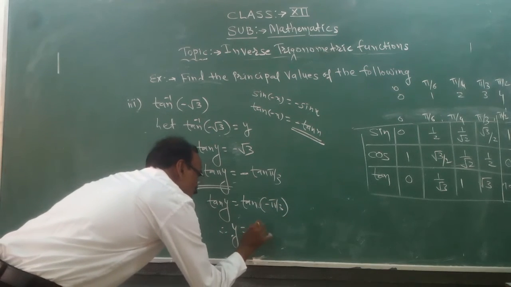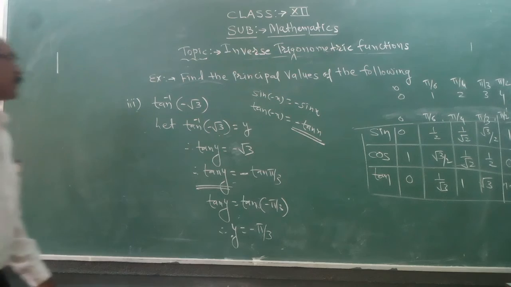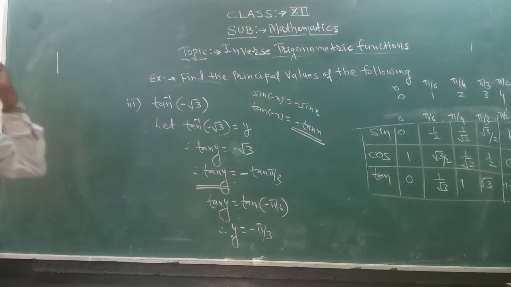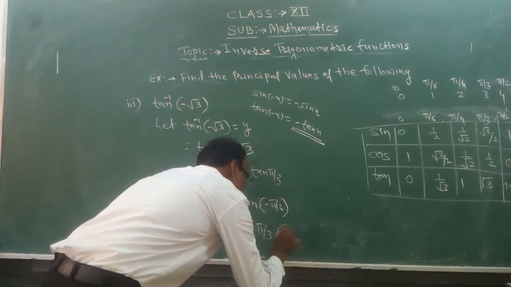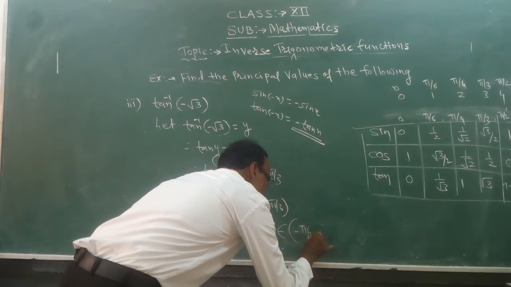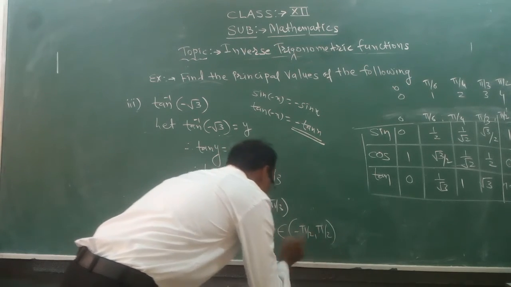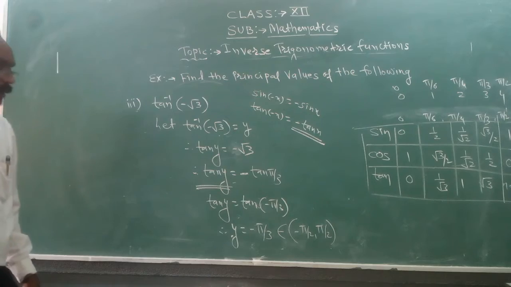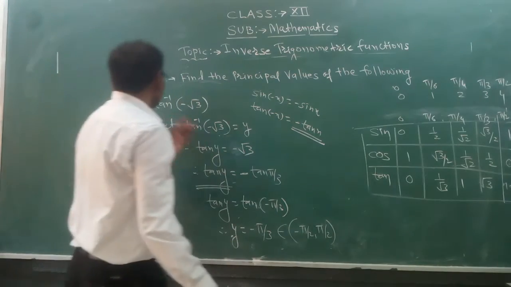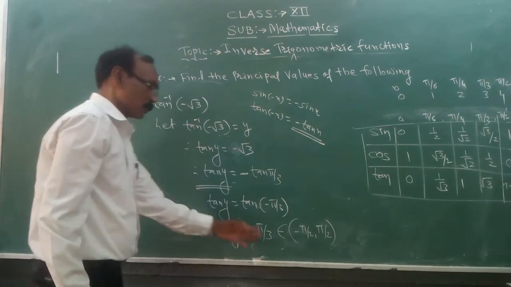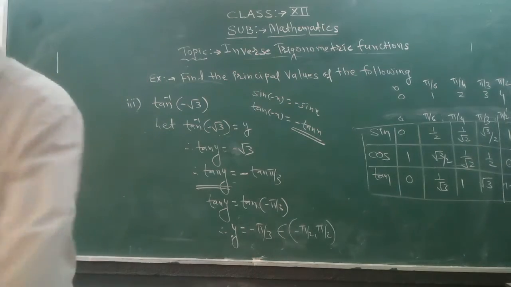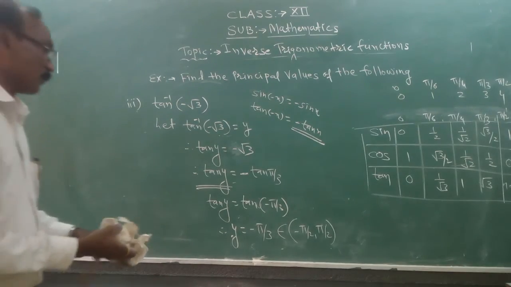Therefore y equals minus pi by 3. The principal value branch of this is the open interval minus pi by 2 to pi by 2, and negative pi by 3 falls in it. Therefore the answer of tan inverse minus root 3 is minus pi by 3, which belongs to this principal value branch.